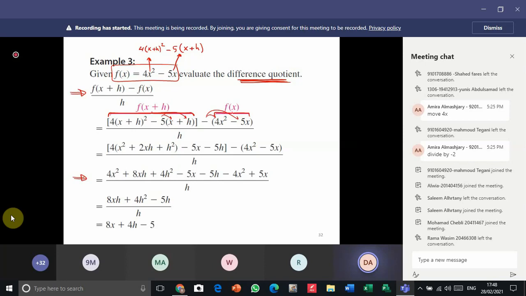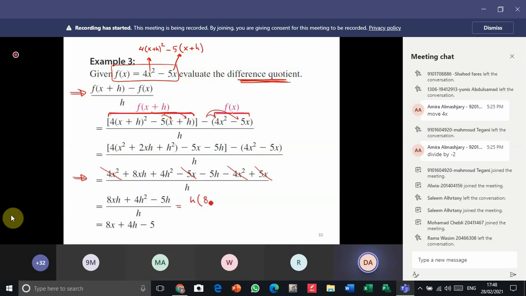Look at this. We have many terms we can remove. For example, we have 4x square with negative 4x square, minus 5x with positive 5x. So the rest of the fraction we have 8xh plus 4h square minus 5h over h. Here we can take h as common factor.